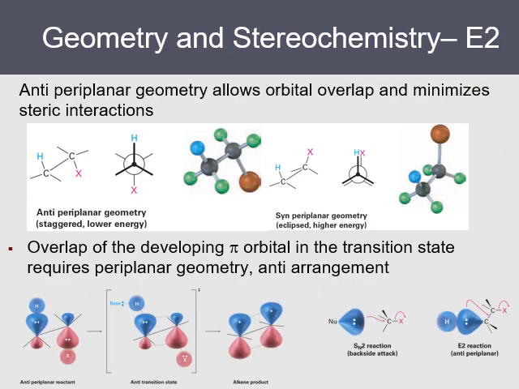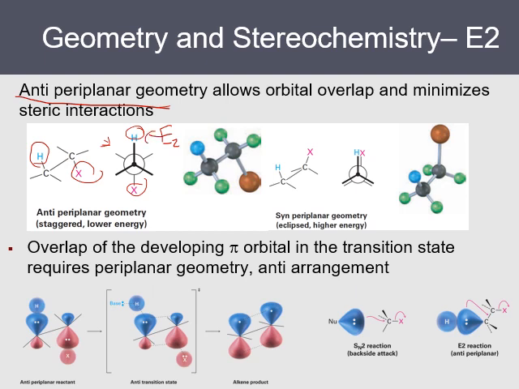Here shows the geometry for the E2 elimination. When the hydrogen and carbon-halide are at 180 degrees, it's called anti-periplanar geometry. So this is a Newman projection, hydrogen and chlorine at 180 degrees, and E2 elimination can happen.